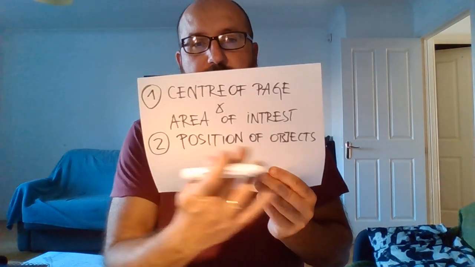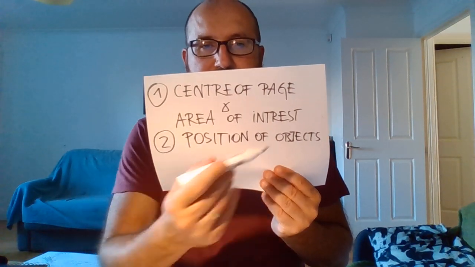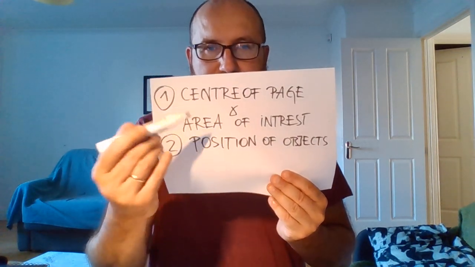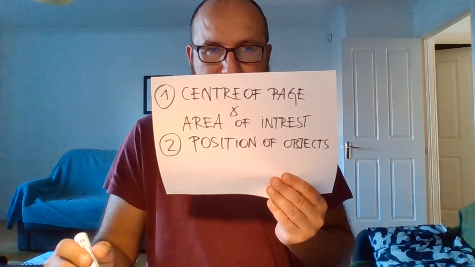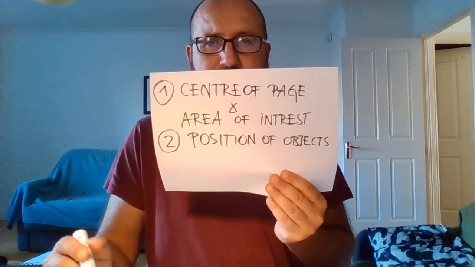Then the second step is determining the position of objects. You remember this area that I'm putting to make the composition of the drawing. Then the third step will be the sketch.